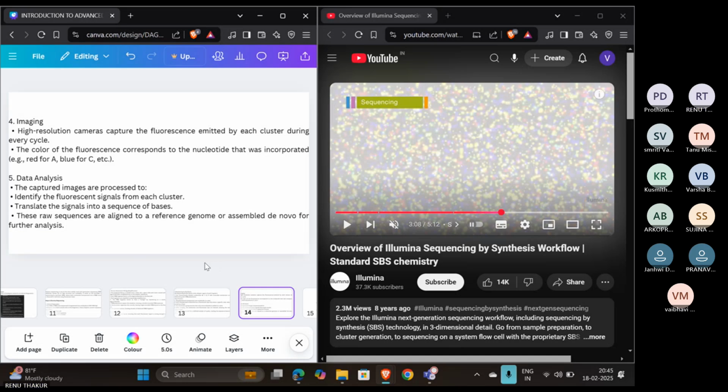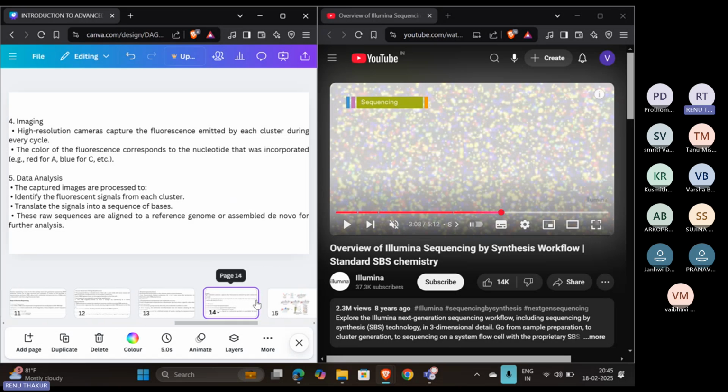Now that we got the sequence of our genome, we are going to compare it to a reference genome and see if there are any changes, any variations. If any variations are detected in any specific part of the fragment, we can come to a conclusion that this was the cause of the disease. So this is how Illumina sequencing works.